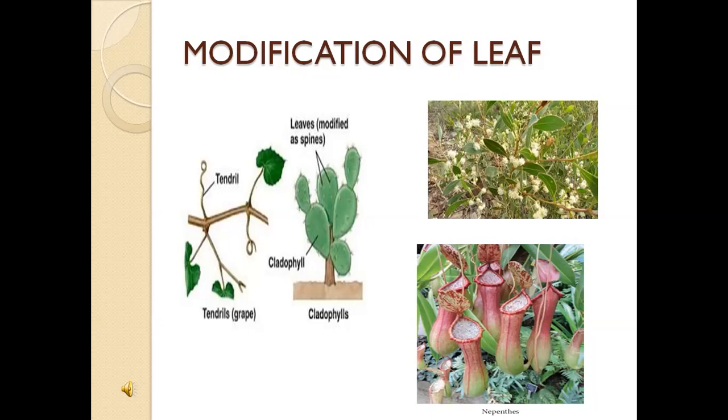Already we studied in lower classes about Nepenthes. The inner wall of the leaf secretes digestive enzymes that help to digest the insects and extract the nitrogen needed for the plant. For example, Nepenthes is an example of traps, a modification of leaf.